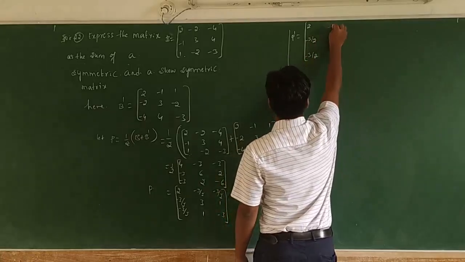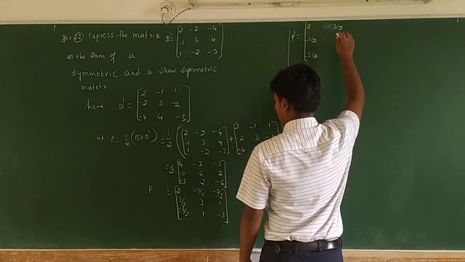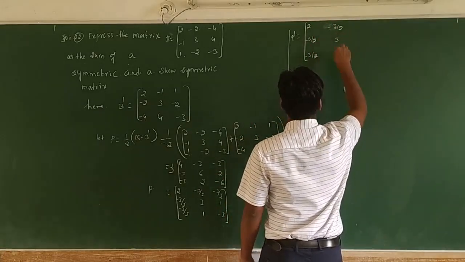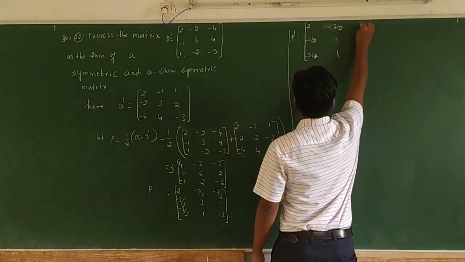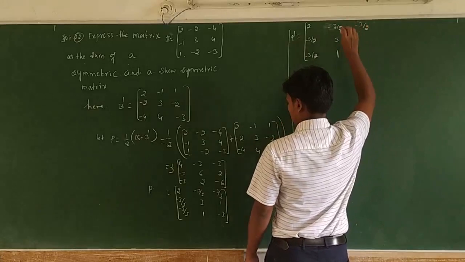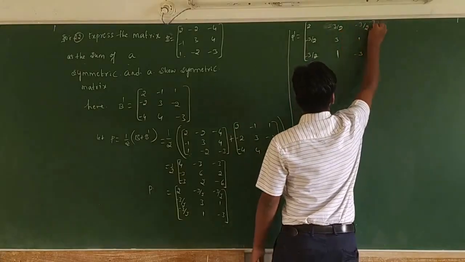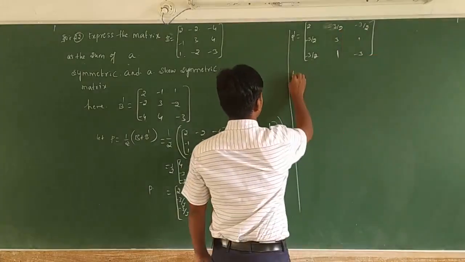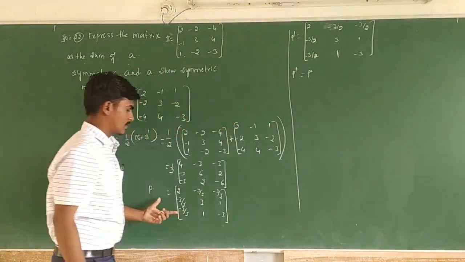Again minus 3 by 2, 3, 1. Next minus 3 by 2, 1, minus 3. So P dash equals this matrix.